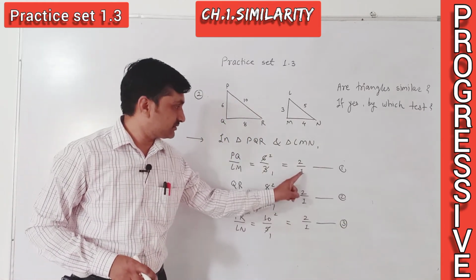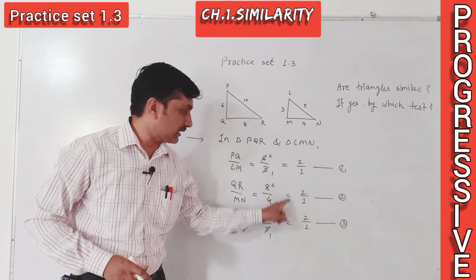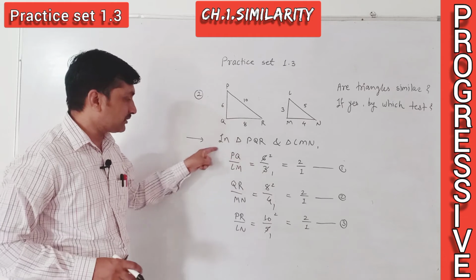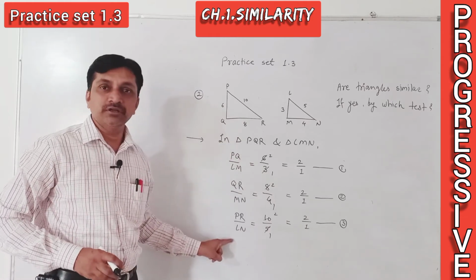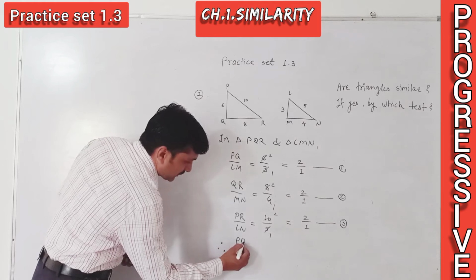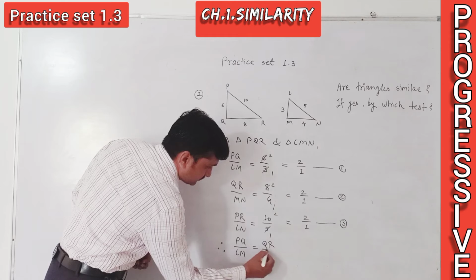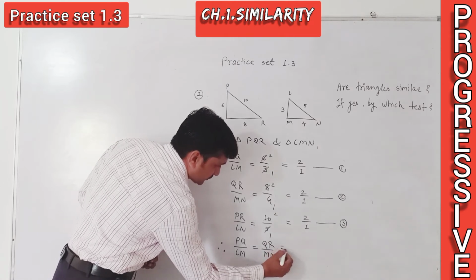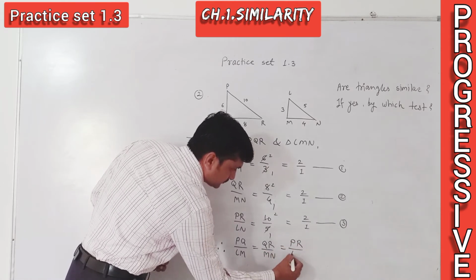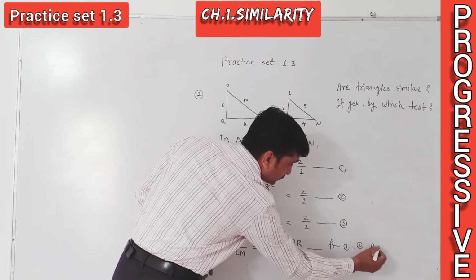See, all three right sides: 2 upon 1, 2 upon 1, 2 upon 1. If all three right sides are equal, then we can say all three left sides are equal. Therefore, PQ upon LM is equal to QR upon MN is equal to PR upon LN, from 1, 2 and 3.